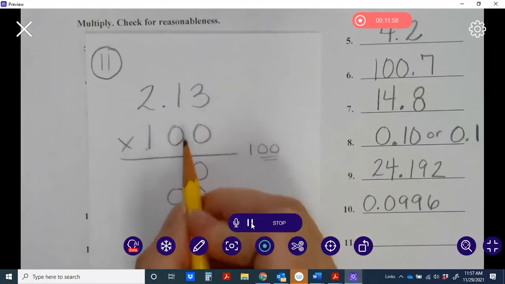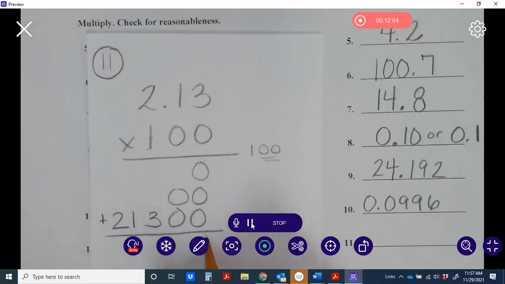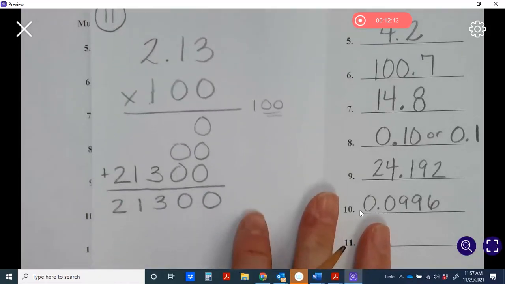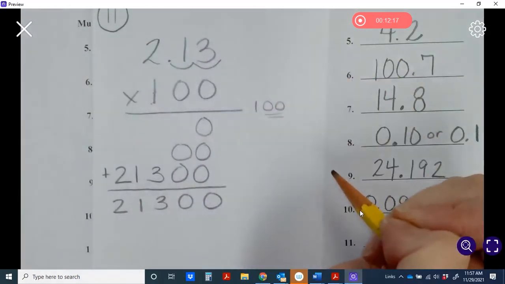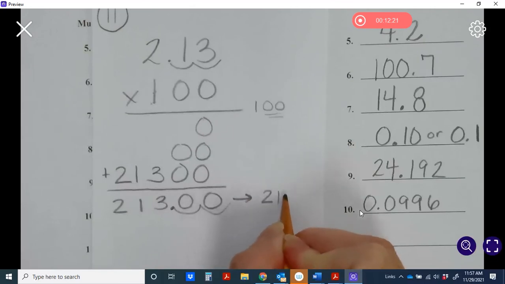Then 1 times 3 is 3, 1 times 1 is 1, 1 times 2 is 2, okay? We add that together and we get 0, 0, 3, 1, 2. Let me clear the buttons down here. Sorry about that. All right, and we have 2 decimals in our top number, none in our bottom number, for 2 in our answer. So our answer is 213.